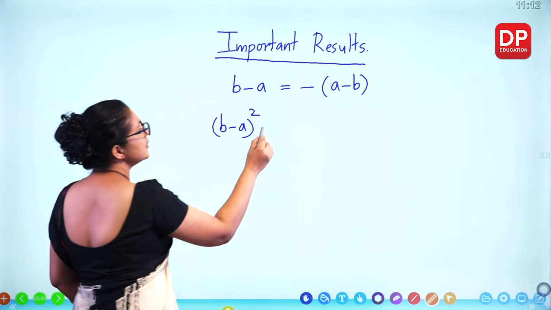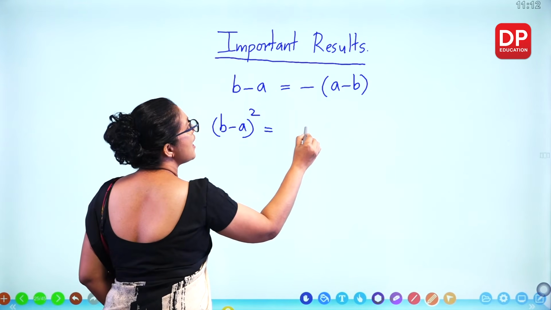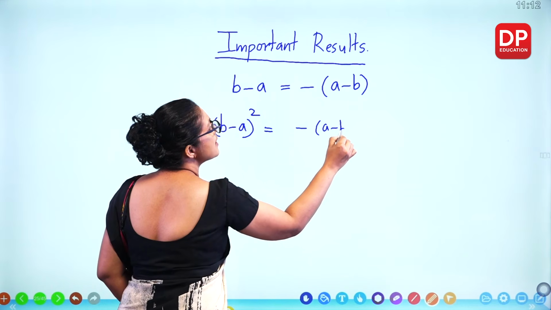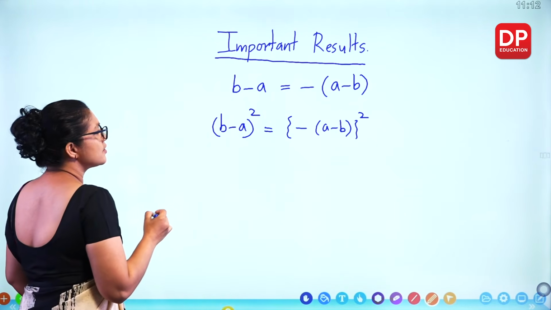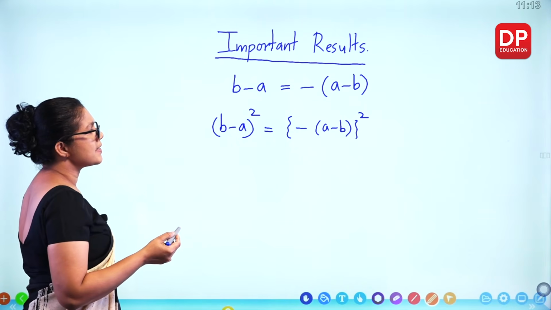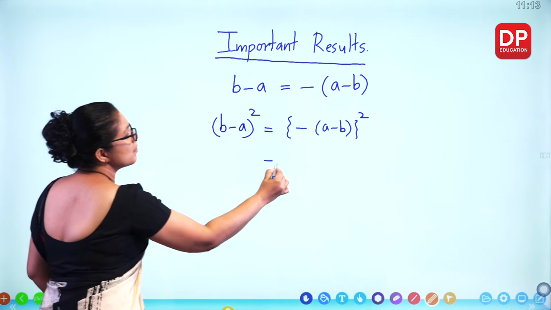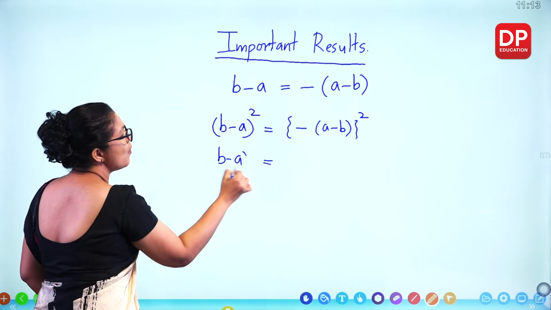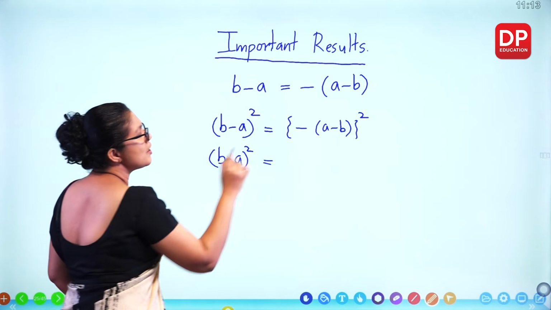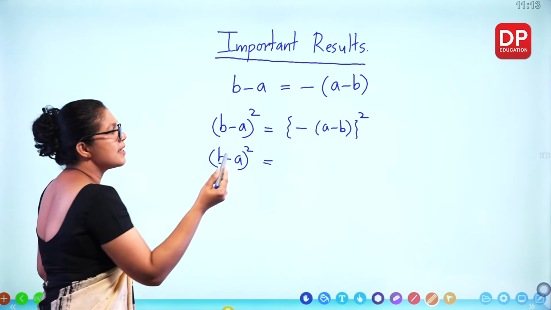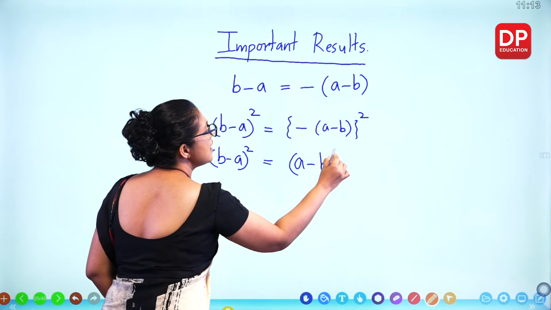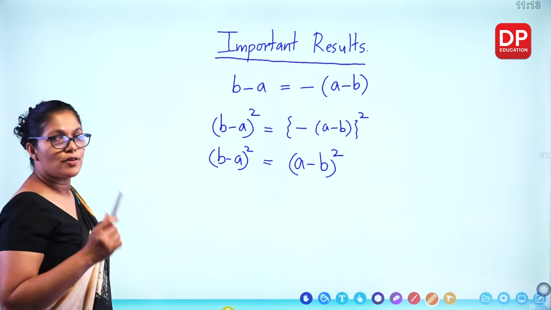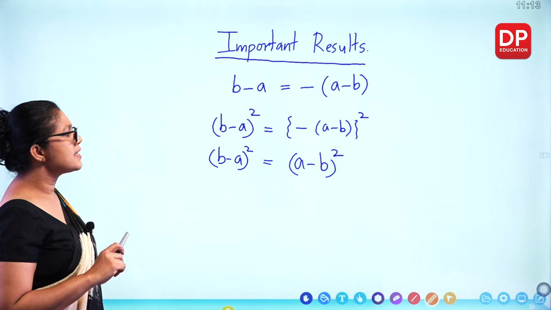It's equal to minus a minus b whole thing squared. So when you do that, what happens? B minus a whole thing squared is equal to minus into minus becomes plus, and you get a minus b whole thing square.